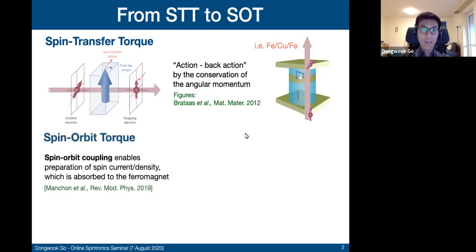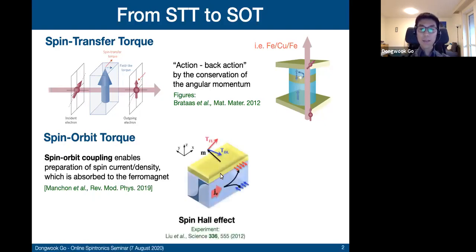But in the last decade, people have realized that we don't actually need a ferromagnetic layer to polarize the spin. What we need is just spin-orbit interaction. In one mechanism, spin-orbit interaction in the bulk of the material can induce a transverse spin current by a mechanism called the spin Hall effect, and we can utilize this spin current to manipulate the magnetic configuration.